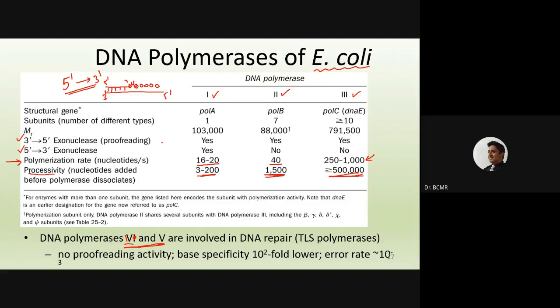I also want you to know what you can figure out about exonuclease. What does exo mean? Exo is outside. Endo would have been inside. Nuclease means the ability to break. If it is breaking from the outside like this, then you would call it exonuclease.